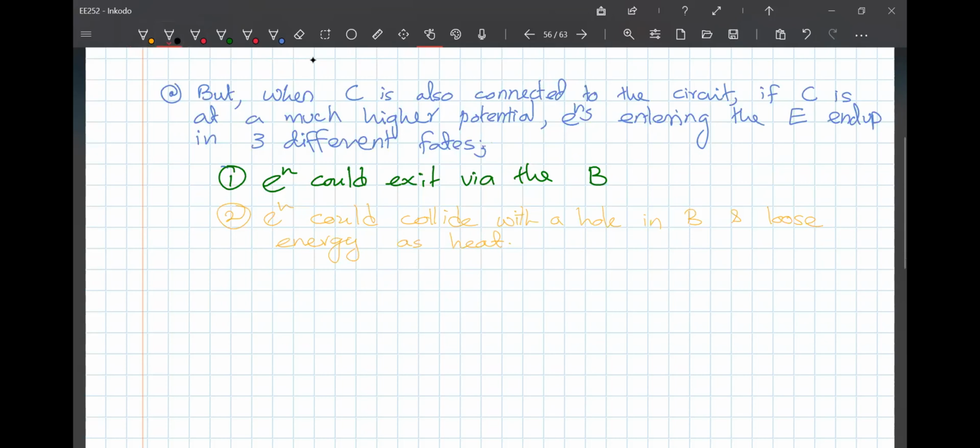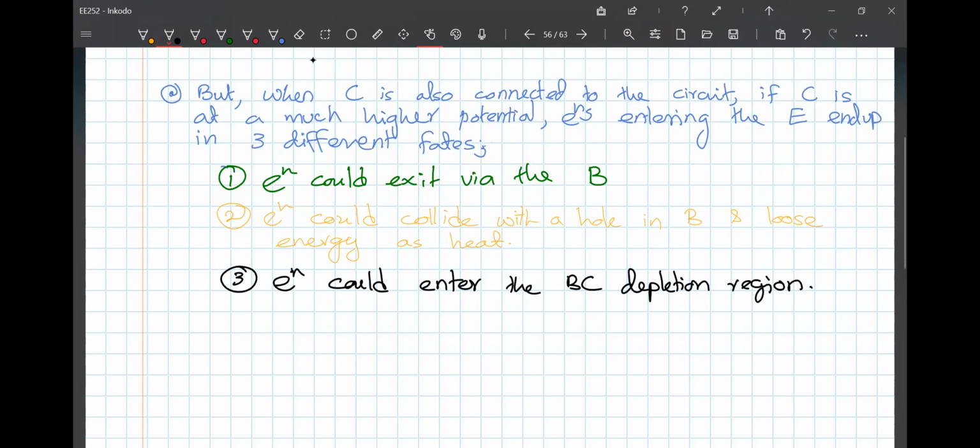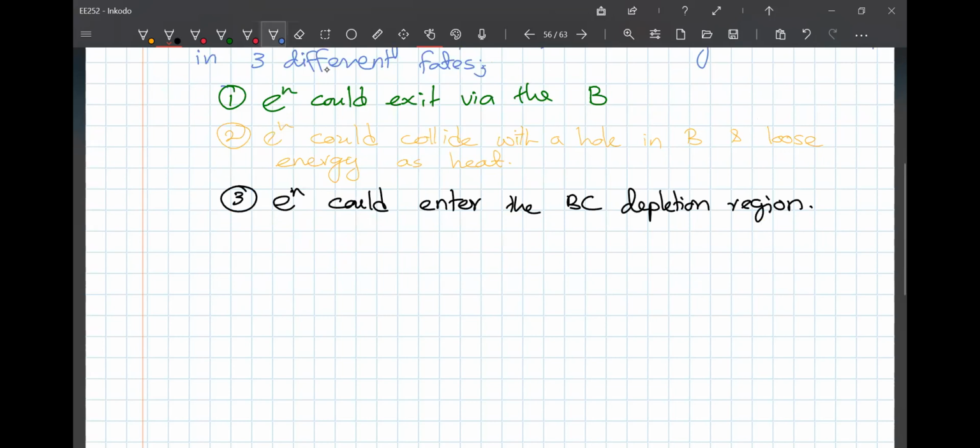And number three, the third possibility, is that the electron could enter the base-collector depletion region. Okay, so these are the three different possible fates of the electron that enters the emitter.